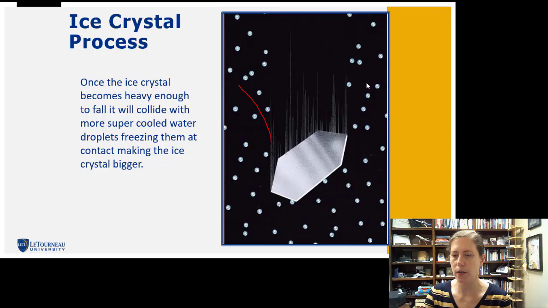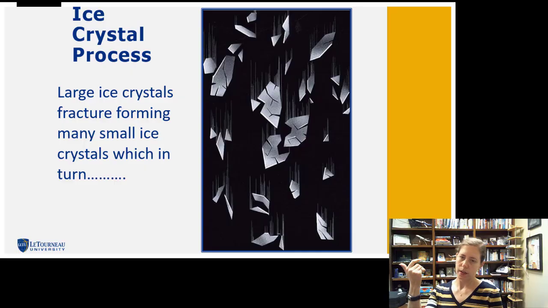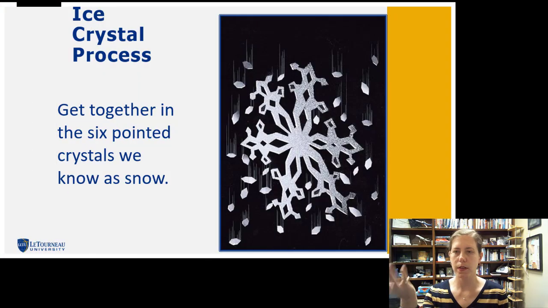And on its way down, it also continues to collide with other supercooled water droplets, and they all start freezing onto the ice crystal, getting bigger. As that crystal gets bigger, though, it starts fracturing. It just starts breaking up into a bunch of little ice crystals, which form these beautiful six-pointed crystals that we know as snow.